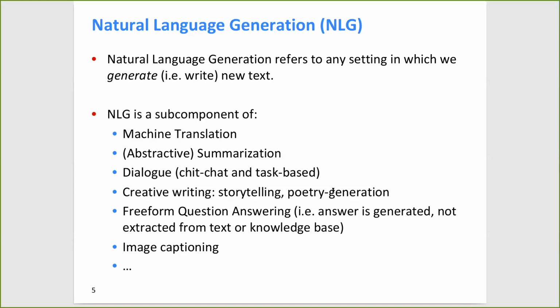Rather, it is extracting information from some sort of knowledge base or text. So that's called the extractive method. And the opposite of it is abstractive, where the model tries to generate text on its own rather than extracting information or responses from some knowledge base. So that's free-form question answering.